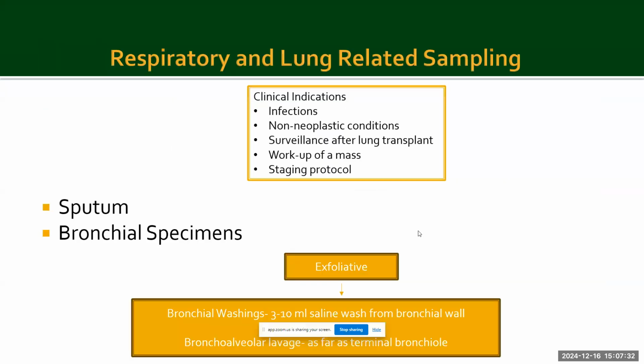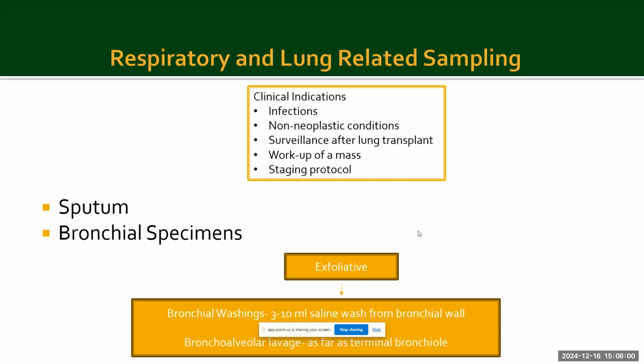So, first, let's talk about the most common clinical indications, right? It can be done either for a non neoplastic or a neoplastic condition. For a non neoplastic condition, the most common indications are infections or non-neoplastic lesions, whether they are dealing with restrictive or obstructive lung diseases superimposed by an infection, or as a surveillance protocol after a lung transplant.